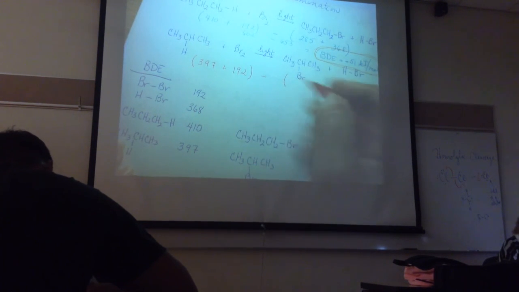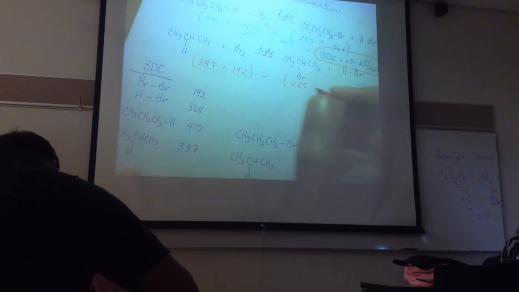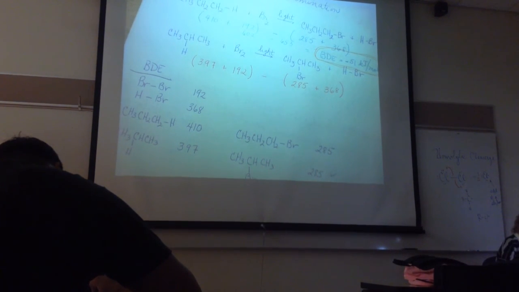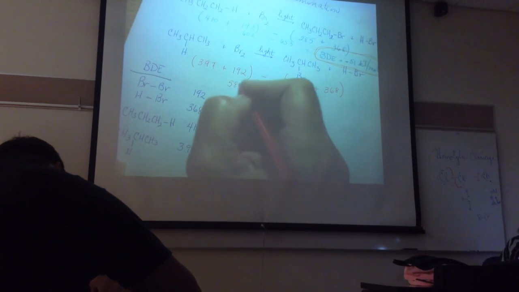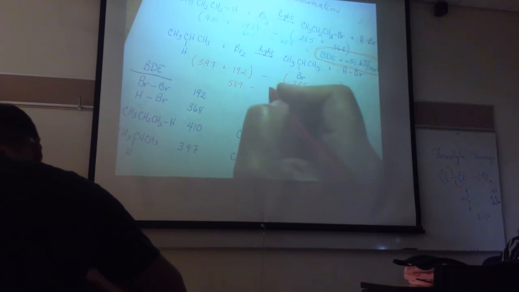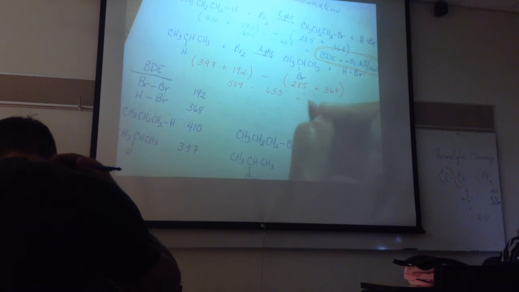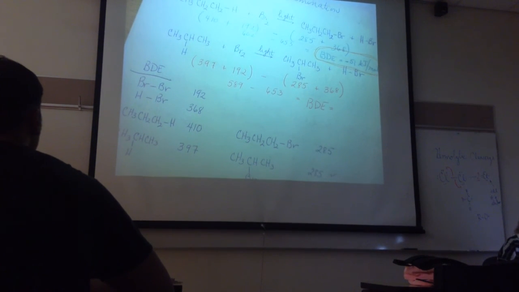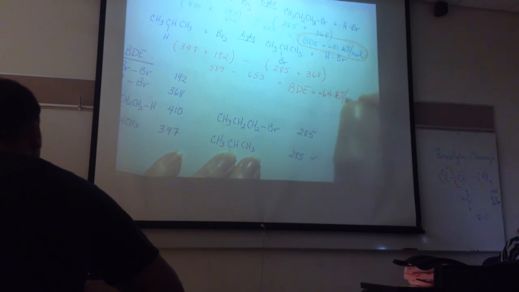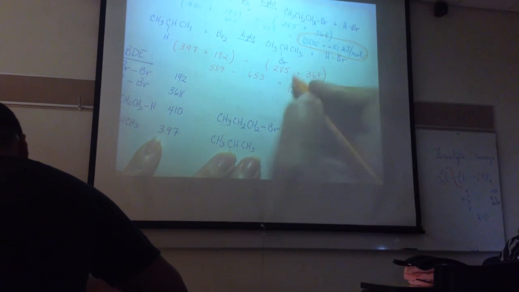So all these numbers are appearing the same, right? 397 plus 192, this is 589 down here. 285. So this BDE is coming out to be minus 64, again kilojoules per mole, to do that one.